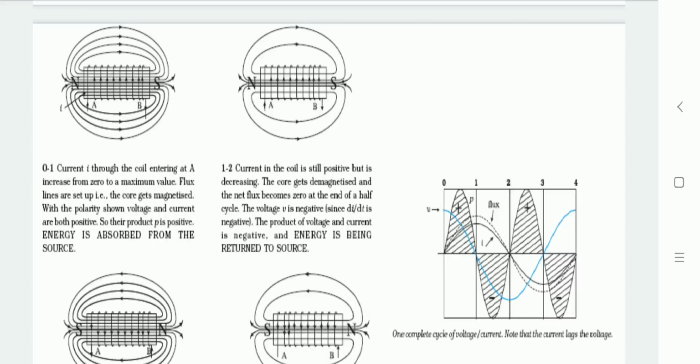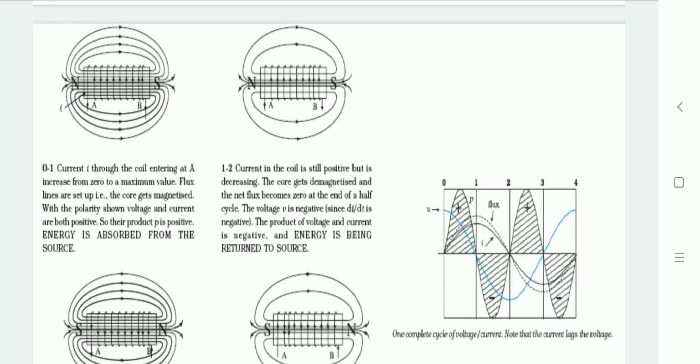From 1 to 2 we can say that the current is still positive, but the supply voltage is negative. According to that, the generated EMF is also going to be negative, and the current, which at the initial point was maximum, starts to reduce.